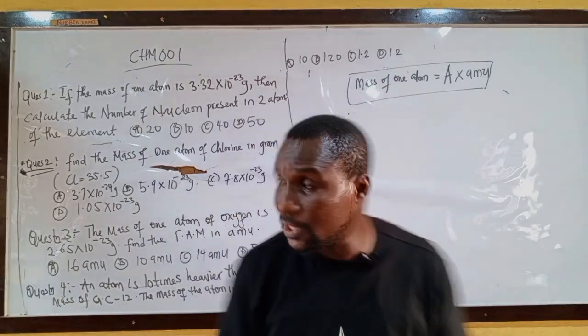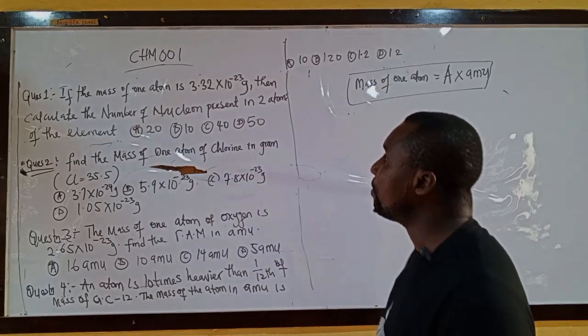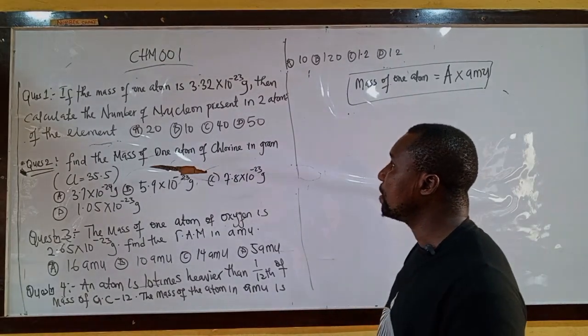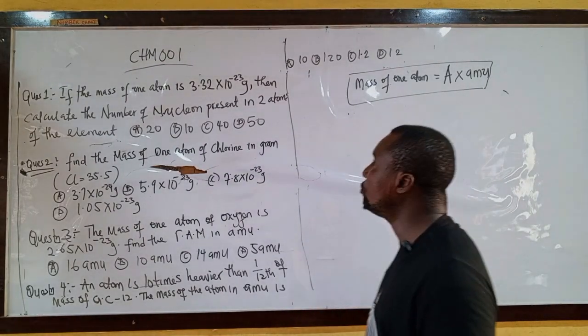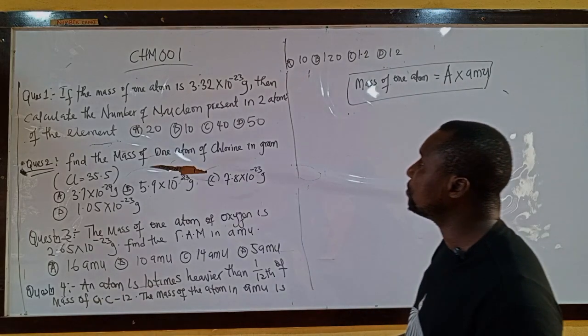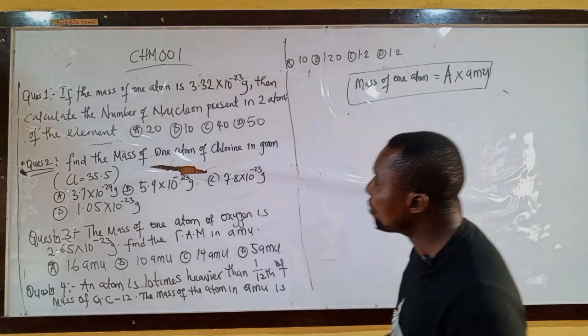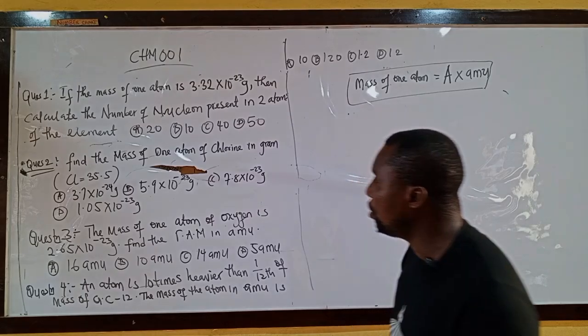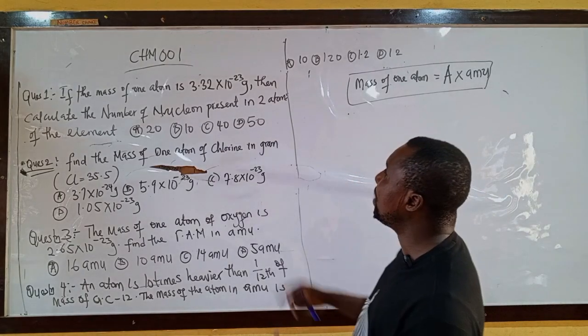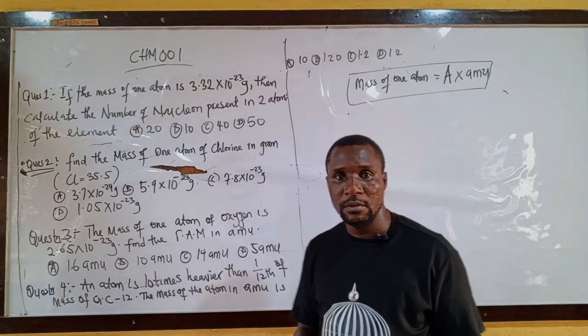Question 1 says, if the mass of one atom is 3.32 times 10 raised to the power minus 23 gram, then calculate the number of nucleons present in two atoms of the element.